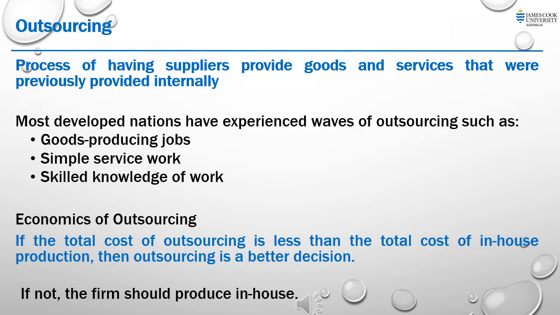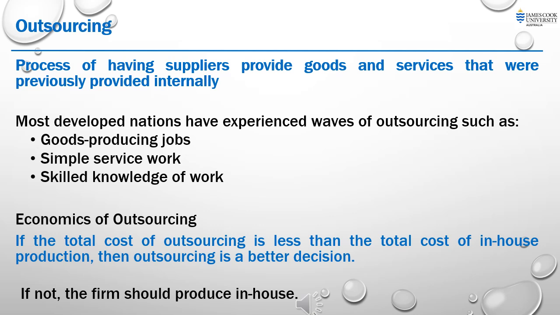One strategy in supply chain is actually outsourcing. So basically, it's a process where you allocate a task or processes to an outside company or third party provider. Most developed nations have experienced waves of outsourcing, for example, goods producing jobs, simple service work, and skilled knowledge work.